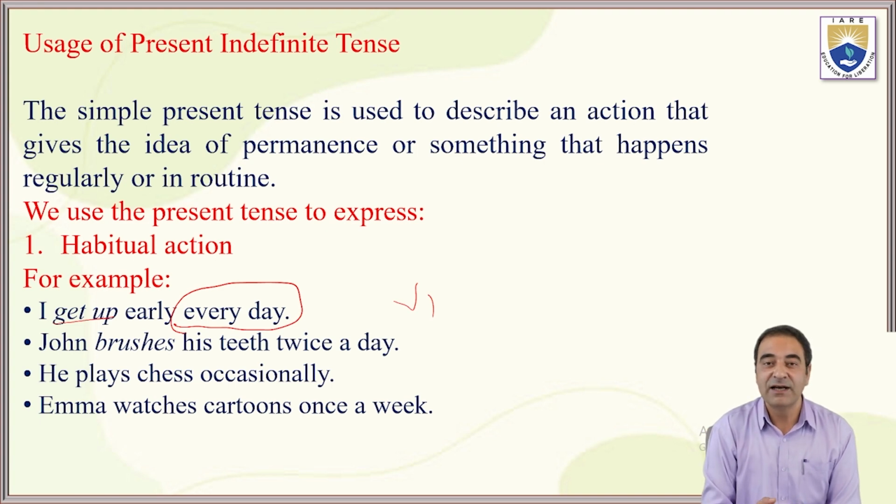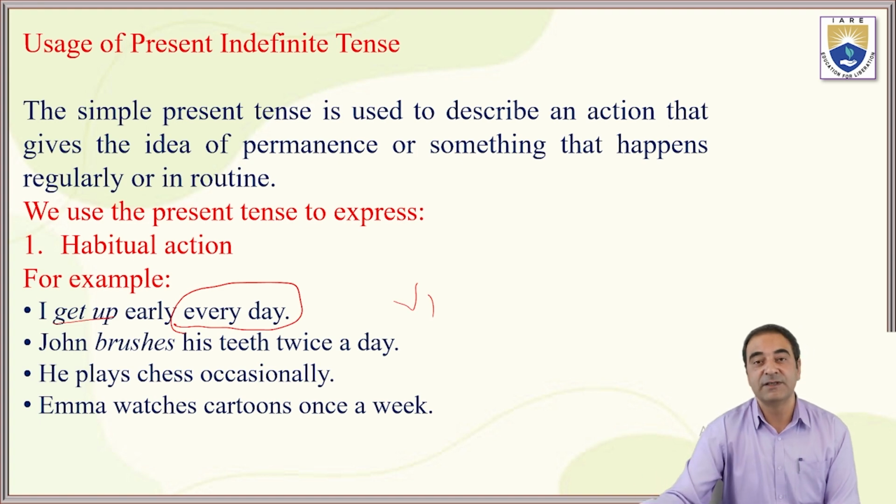That's why we write, I get up early every day. Get up is a verb in first form, and here our indicator is every day. It's the word every day that shows the repetition of same action. Therefore, we can say that this is a habit and it should be expressed in simple present tense.